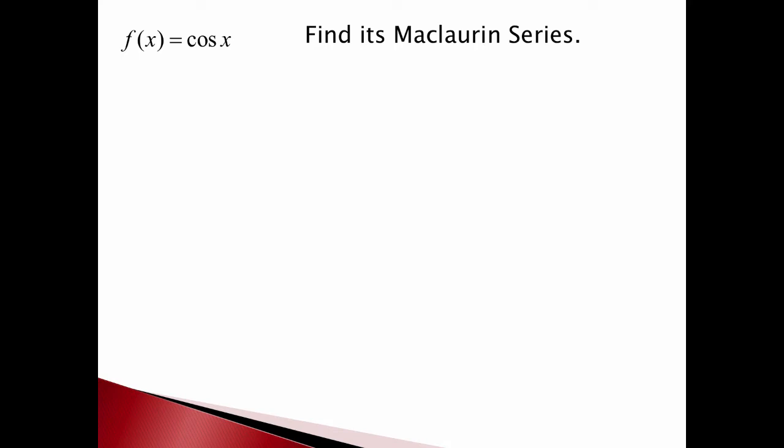So here's cosine. So we want to find its Maclaurin series. So here I'll put the formula there on the screen so we know what we're looking for. We need to find these coefficients. That's the big thing, right? This part in red. The k factorial, that's easy enough. That's no real work. It's just k factorial. The hard part is finding these derivatives and plugging in c.